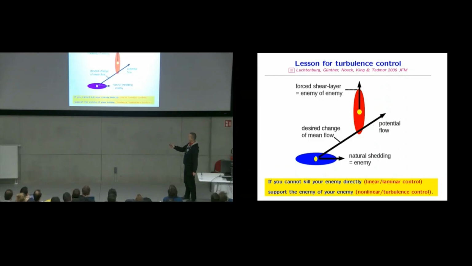And this is a strategy. Often you cannot kill the structures which you want to kill. I can give you many examples of this, but it's always easy to excite a structure. And then you have to excite the right structures, so the enemy of your enemy.